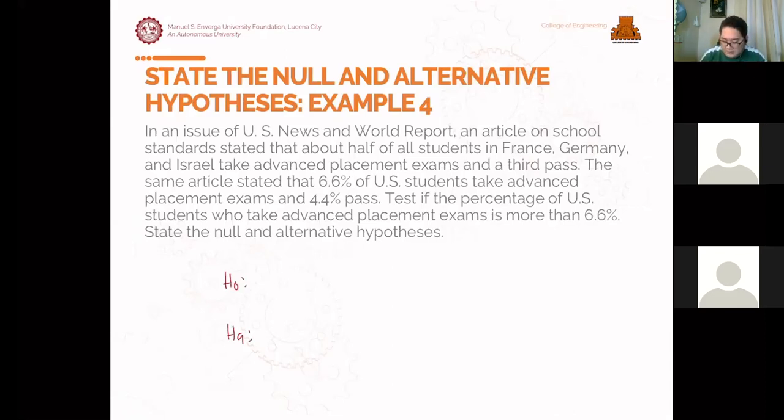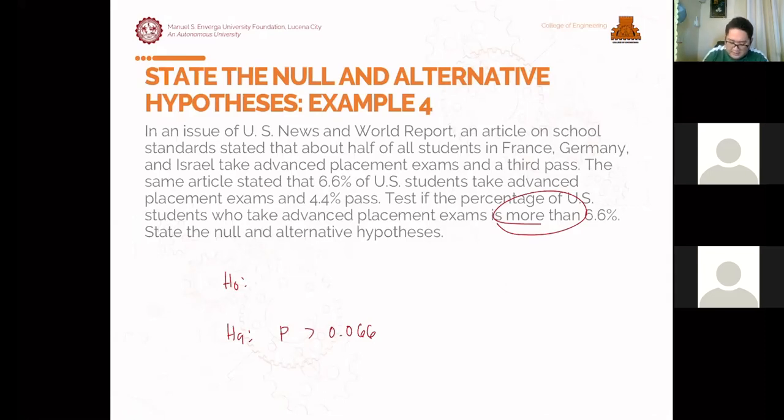Okay? So, yan. Hopefully, malinaw na, no? Madami nang tumatama, no? More than tayo. So, ang more than is alternative hypothesis. So, ano to? Percentage. So, tawagin na lang nating P. More than 6.6%. So, 0.066. Kinonvert ko lang sa percentage. Okay?